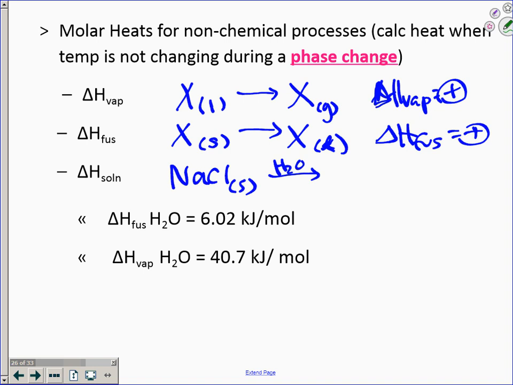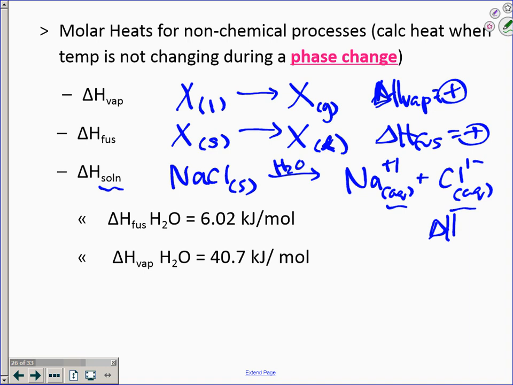You guys remember hydrolysis? Which is truly a reaction, but in this case, we're not going to show that, because I just want to show the solution process, meaning making a solution. So I put water on top versus as a reactant. So then that's going to make aqueous sodium ion and aqueous chloride ion, which is the solution process, making aqueous ions. So this overall delta H solution can be either positive or negative, okay?